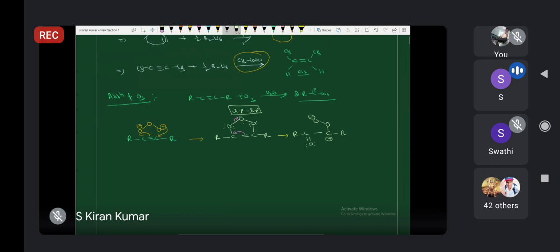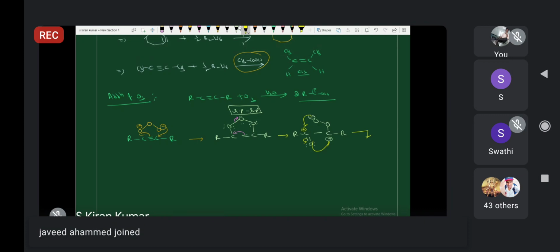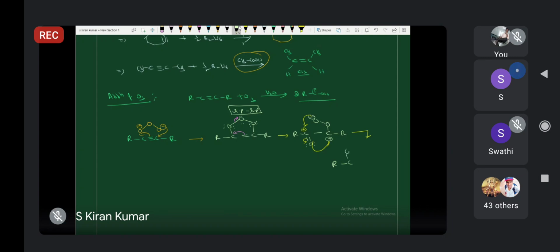Okay, next step. The carbonyl oxygen joins the lone pair here. The oxygen is positive, then electron transfer occurs; here it gets positive, and the negative charge transfers. Like this, cyclization takes place again. It forms the primary ozonide, the alkyne primary ozonide, with R, C, O, O, C and O, C, C bonds present.